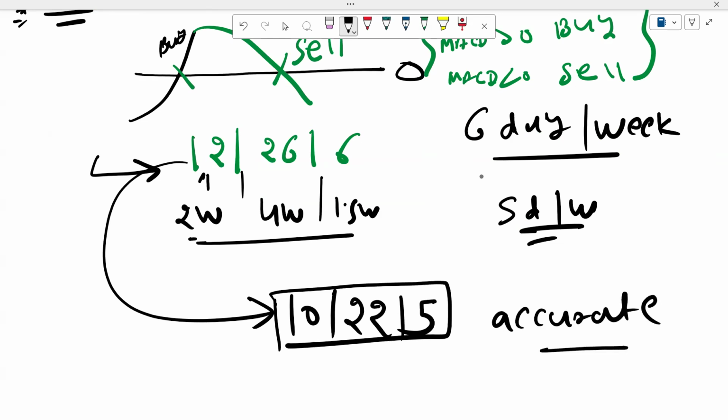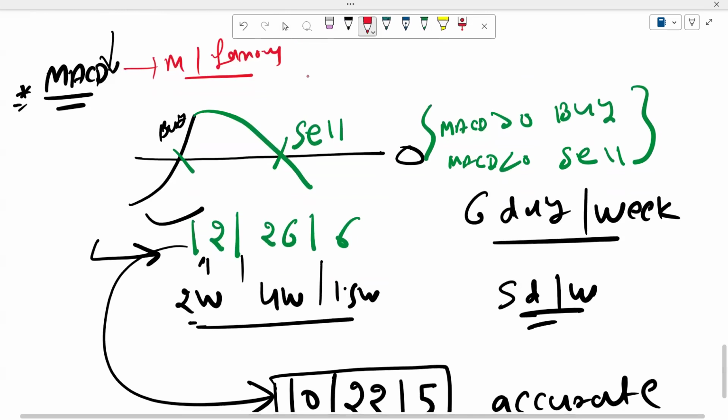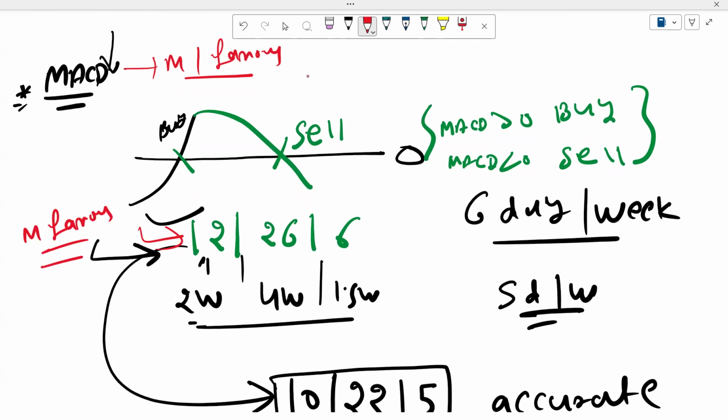This was the most famous. And remember, MACD is the most famous indicator. Why I am telling you this, you will understand in a few minutes. This is the most famous indicator, the most famous time frame, and the most famous setting of this indicator. The most famous setting means MACD crossing above zero, buy; MACD crossing below zero, sell.